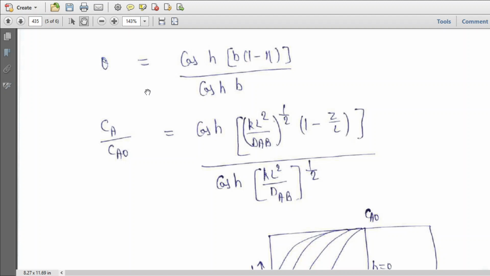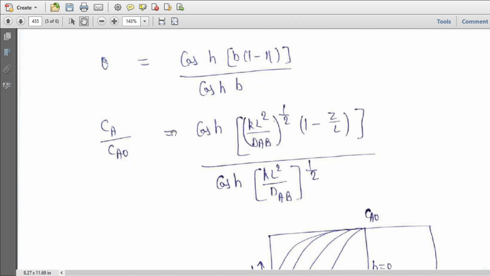Now you can substitute your expression of theta, where theta equals Ca upon Ca0, b equals (k L square upon dAB) to the power 1 by 2, and eta equals z upon L. If you substitute here, you get this expression, and by this expression you can calculate how Ca relates to z.